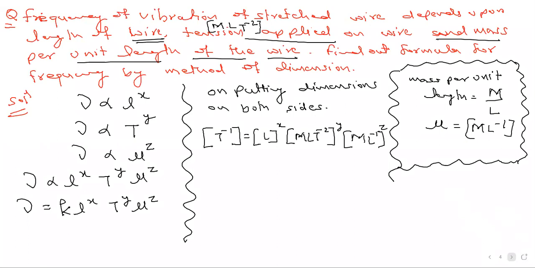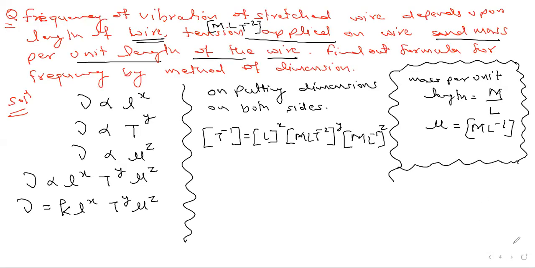This is T minus 1 equal to L to the power x, M L T minus 2 whole power y, and then mass per unit length M L minus 1 whole power z.